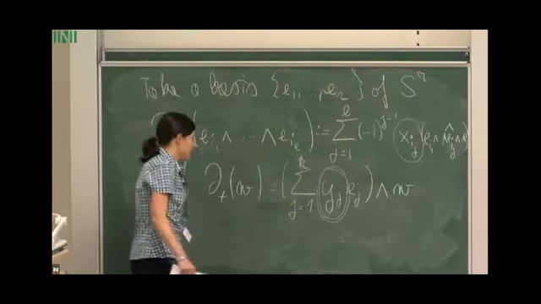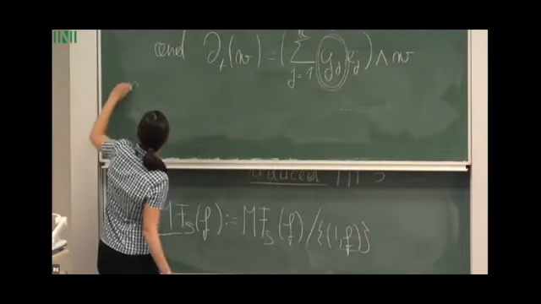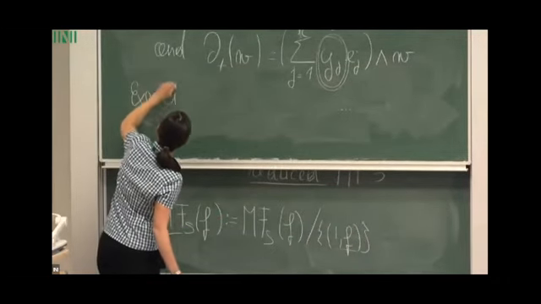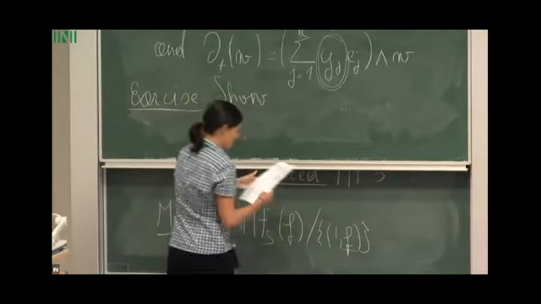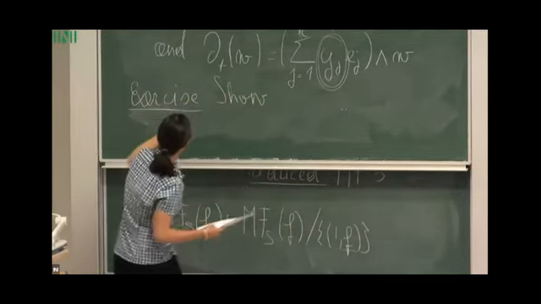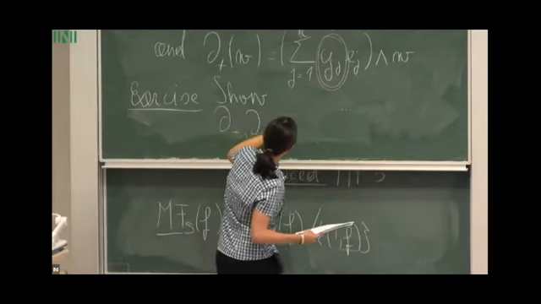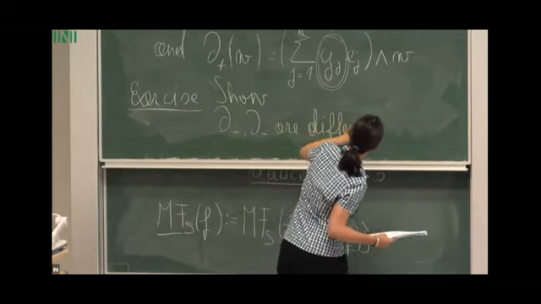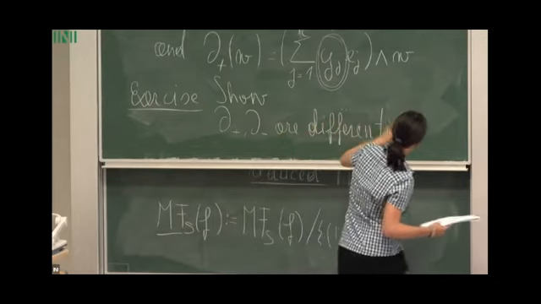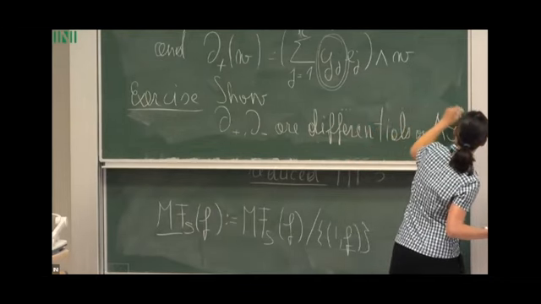And now, a little exercise for everybody. We can show that indeed what I'm saying is true, namely that delta plus and delta minus are differentials on the exterior algebra S^r.